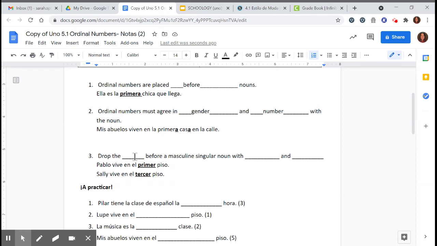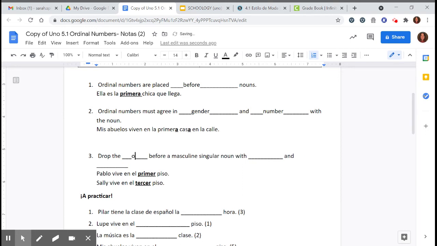For number 3, this is a rule. We're looking at 2 words that are kind of some exceptions that have their own spelling change. So it says drop the O before a masculine singular noun with primero and tercero. So if I want to use the numbers first and third, and it's in front of a masculine singular noun, like in this example, el piso, the floor. El piso is a masculine singular noun.